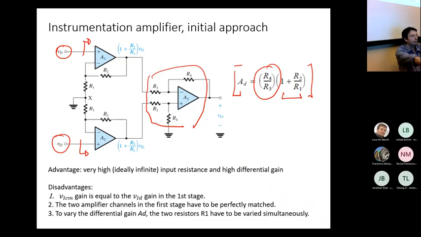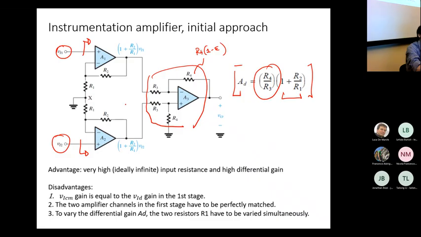However, this topology also has some limitations. One limitation is the matching issue that we have analyzed in the difference amplifier case, when we considered the fact that R4 can actually be R4 minus a given quantity.